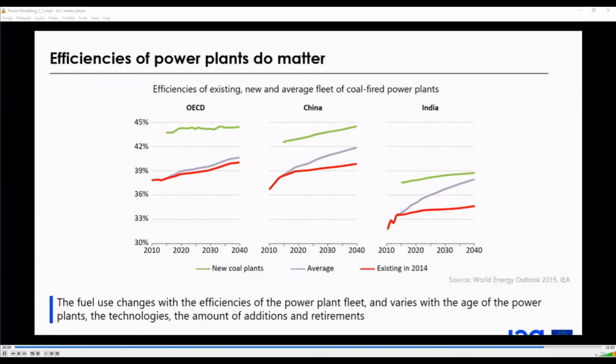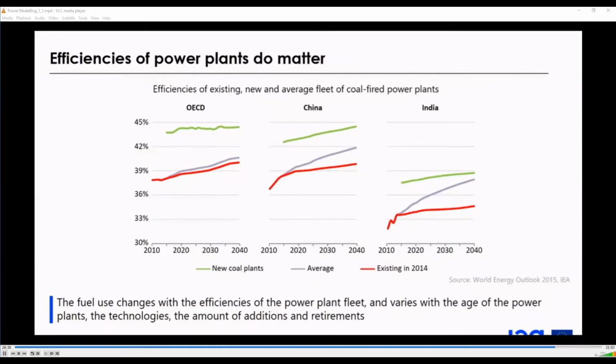The fuel use by type is really important when considering domestic production, energy security considerations, etc. So how much oil would need to be imported, how much gas, is very much linked to fuel consumption in the power system. And from generated electricity, we derive that using efficiency of plants.